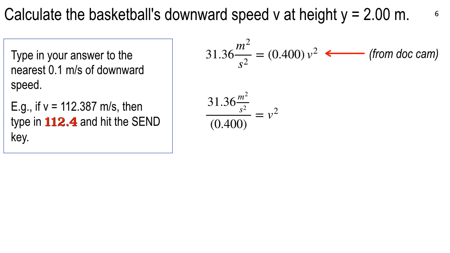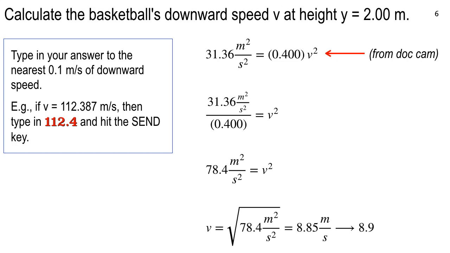That isolates v squared now. Now you calculate. This is not your final calculation, this is v squared. If you got to this point, you're good, but you forgot to hit the square root key, because this is v squared, 78.4 meters squared per second squared.